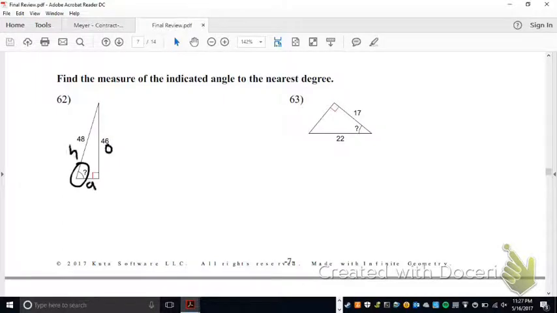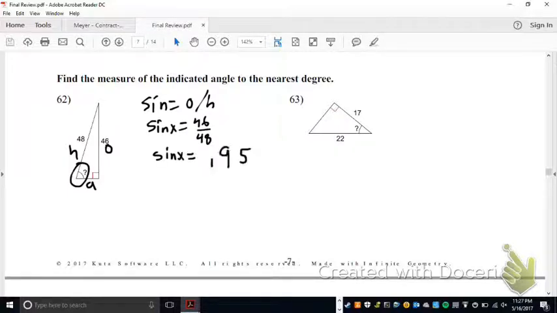So here, what we can do is ask our calculator, oh calculator, great all-knowing mathematical tool, what angle has the sine of 0.9583? To do that, we're going to use the inverse sine function. That's what that sine of -1 means.